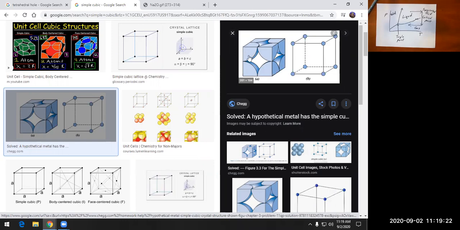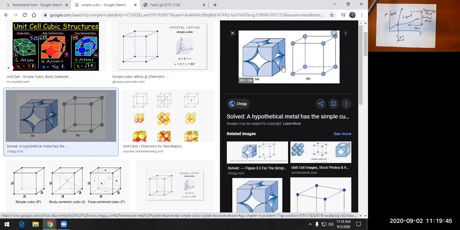You use the Pythagorean theorem to find the face diagonal size. You then use the Pythagorean theorem again to find the body diagonal length. And we already did that a few minutes ago, and we determined that that was square root of 3 times the side. So square root of 3 times 2r.